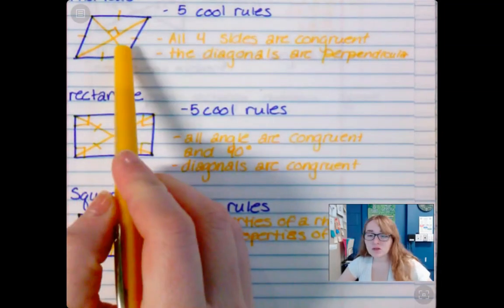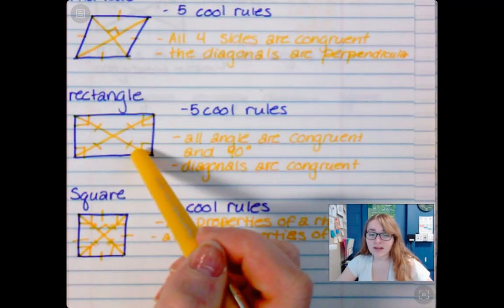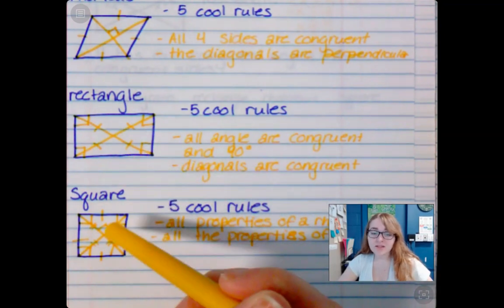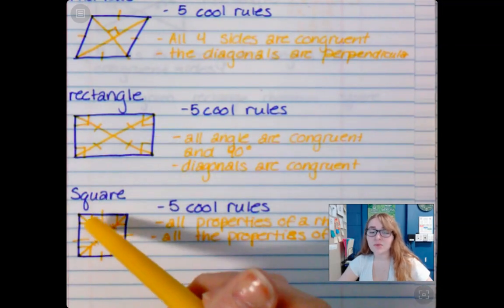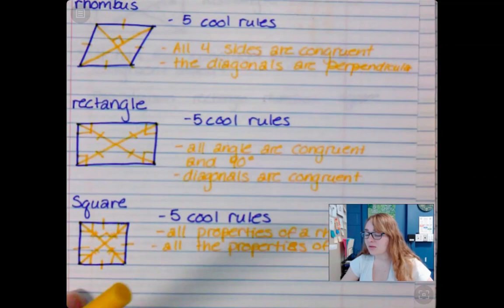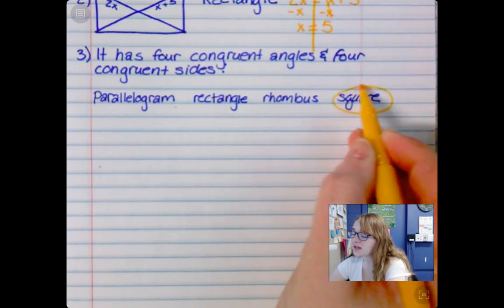So a rhombus has all congruent sides, but not all congruent angles. A rectangle has all congruent angles, but not all congruent sides. And since a square has the properties of a rhombus and a rectangle, this would have all congruent sides and all congruent angles. So the answer to this, it has 4 congruent angles and 4 congruent sides, will be this is a square.